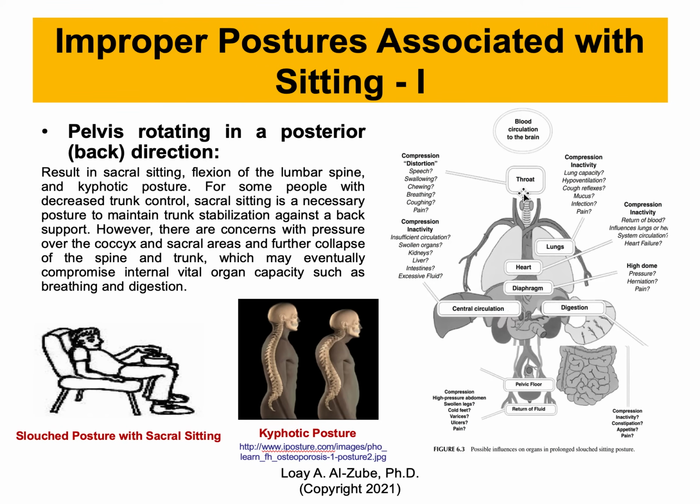For example, in the thoracic area, you have speech problems, swallowing problems, chewing problems, breathing problems, coughing, and also pain because of such posture and prolonged time sitting with your pelvis rotating in a posterior direction. And you can go through all these here, and you can look exactly what is happening for each organ and how big of a problem this is.